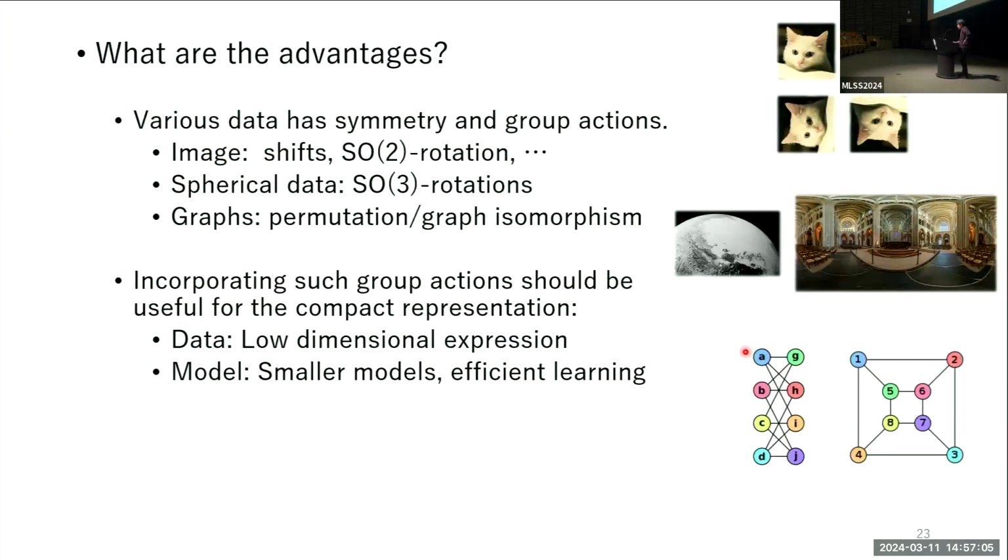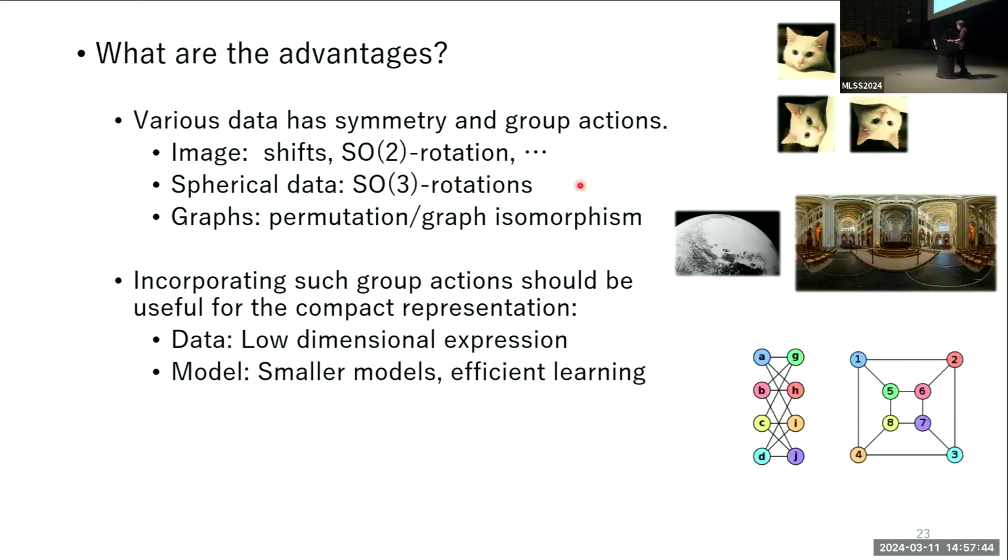And so there are various machine learning techniques which make use of invariance or equivariance by some group actions. Actually, various data, including images, have symmetry. In the case of images, they have shifts. Naturally, the image has a group action of shift, and two-dimensional rotations also.